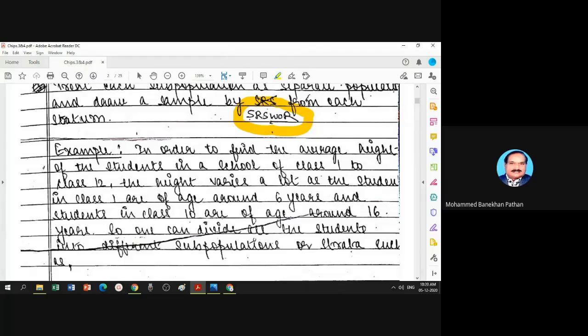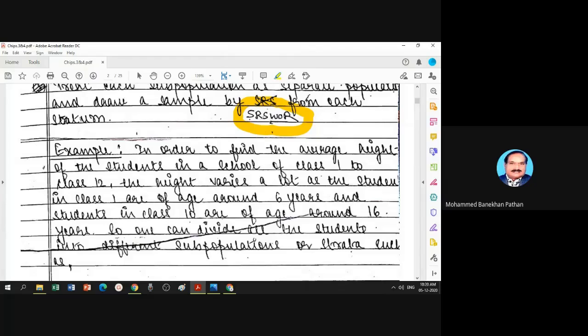And if I compare stratum 1 with stratum 2 or stratum 3 and so on, stratum 1 should be heterogeneous as compared to the others. Similarly, stratum 2 should be homogeneous within but heterogeneous between. That is the way of subdividing a heterogeneous population.